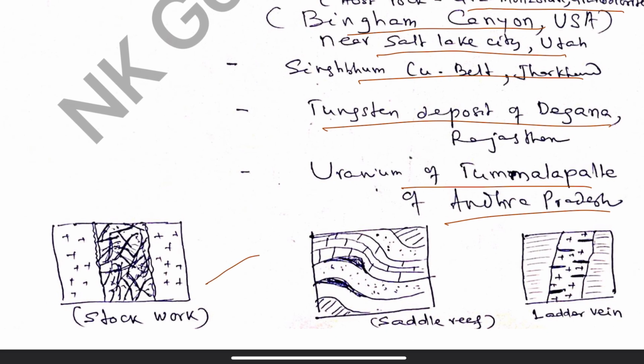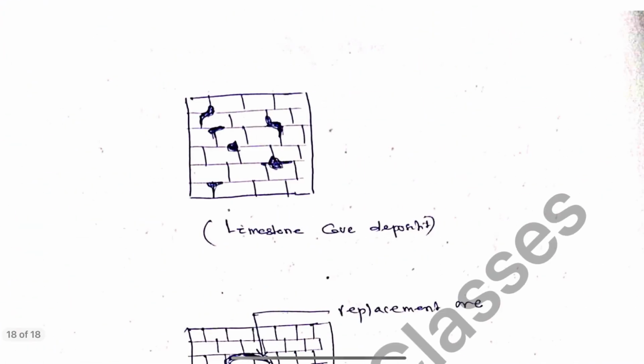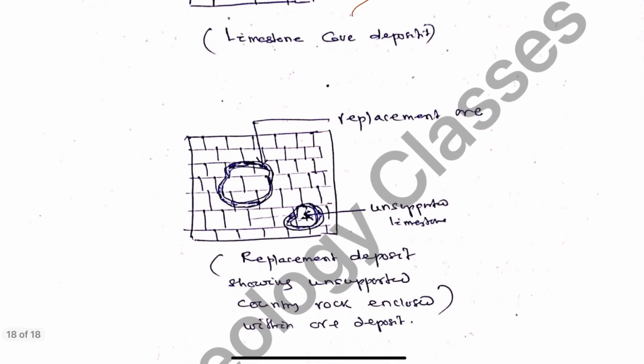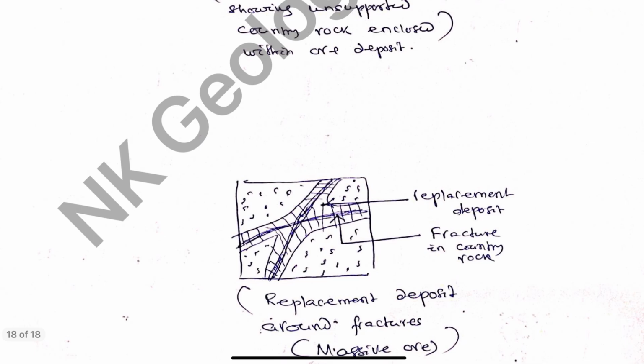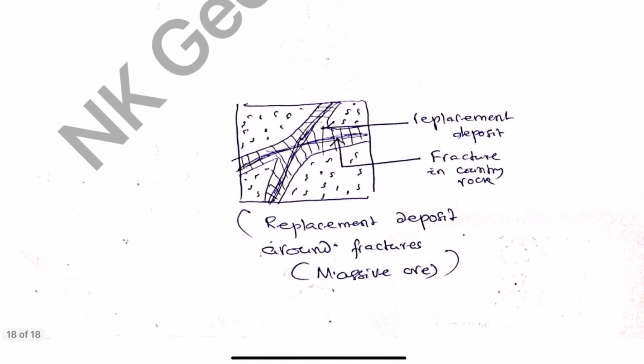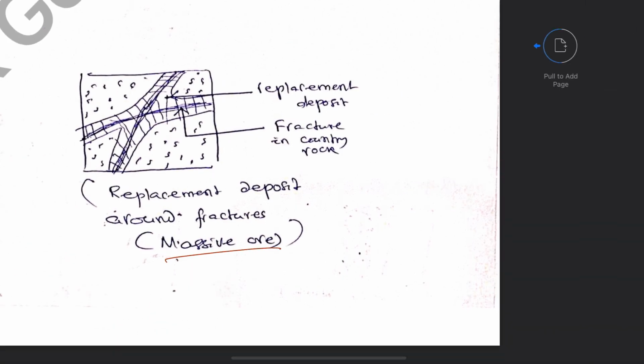So these are the stockworks, saddle reefs, ladder veins, limestone caves, cave deposits, replacement ore, unsupported rock, replacement deposits, replacement around fractures, forms a massive ore.